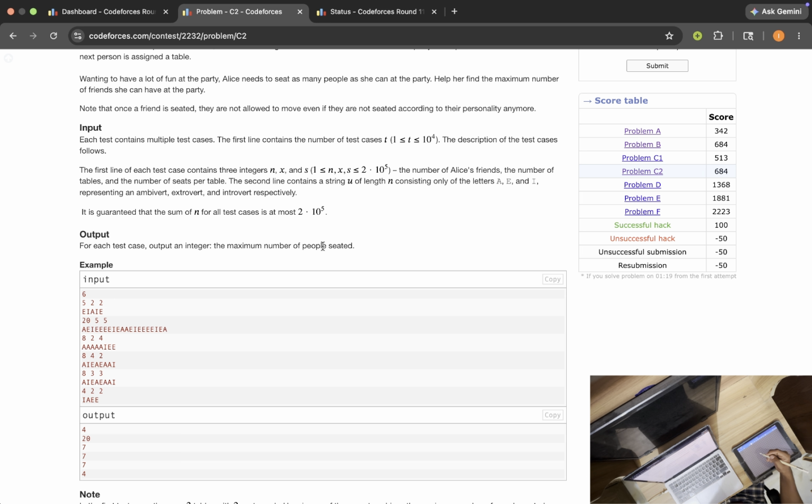What is the optimal introvert number? Let's say I'm asking the extrovert number. Let's say I'm taking X amount of extroverts.